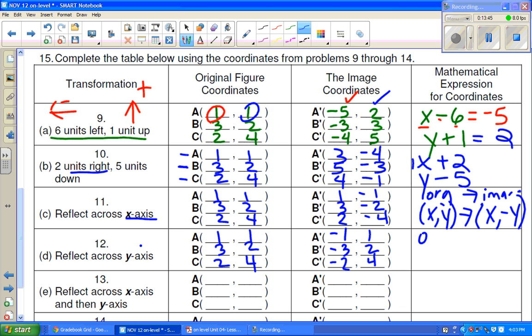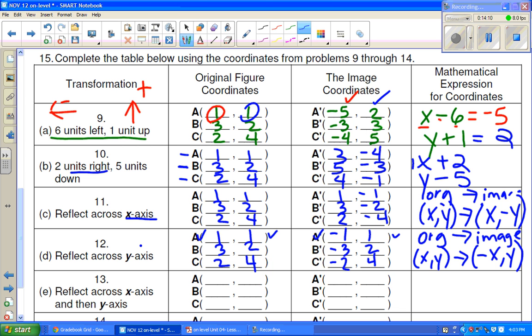Now, the original to the image. The original x, y, those were positive, but this time we're reflecting across the y-axis. So guess what? Our x values change and our y stay the same. Indeed, our x value did change signs and the y stayed the same.